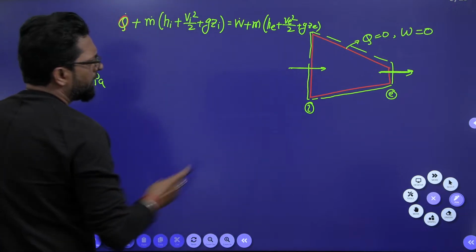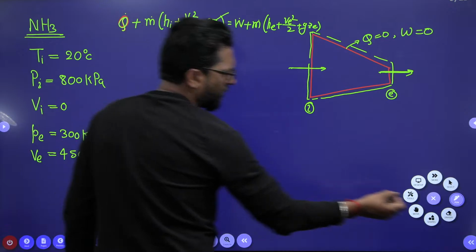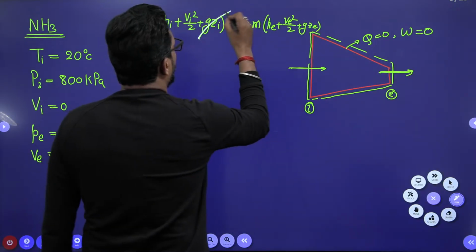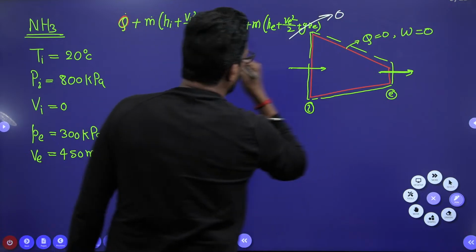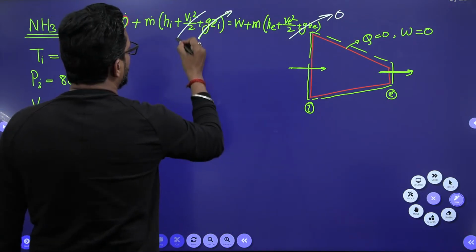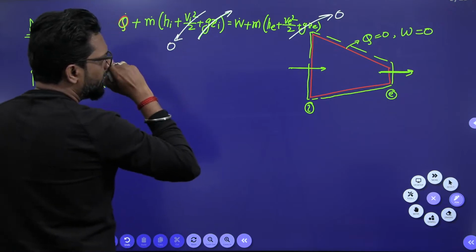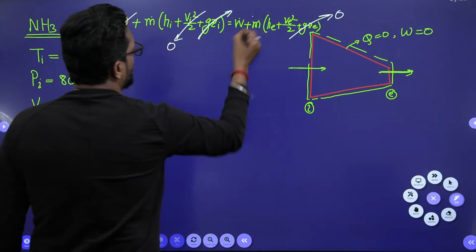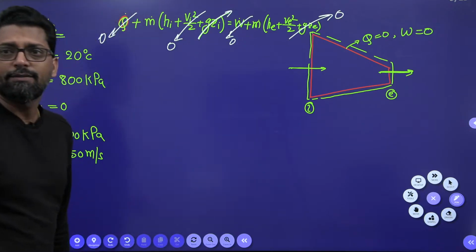Now, my dear, there is no change in potential energy, so the potential energy change we can neglect. The inlet kinetic energy is also 0, only the exit is there. There is no heat transfer, adiabatic. There is no work transfer, there is no working device.